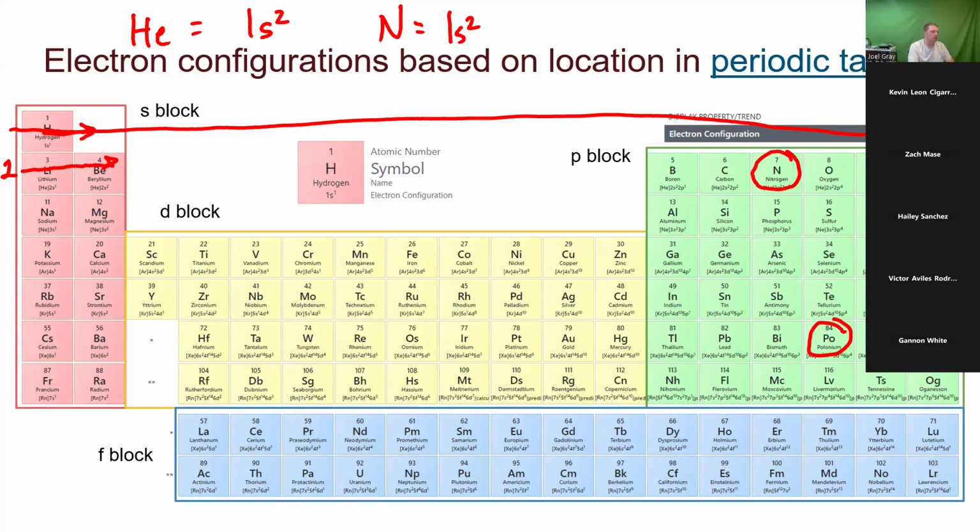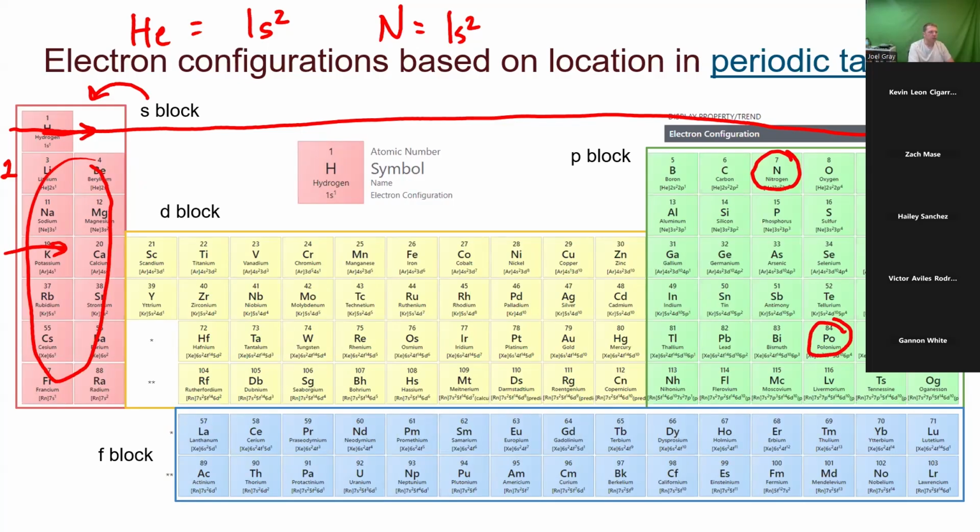Now, this second row right here, we have to account for those electrons because we're building up nitrogen. This is known as the S block because all of these atoms have electrons in an S orbital or S subshell, numbered after the row in which they are on the periodic table.